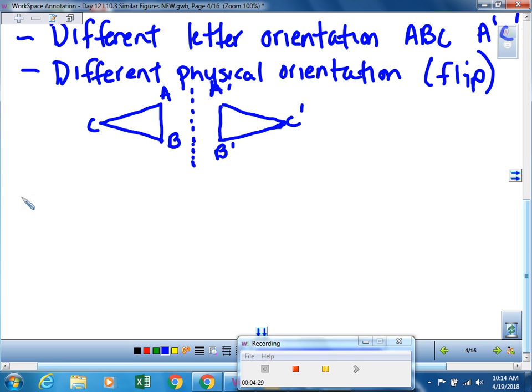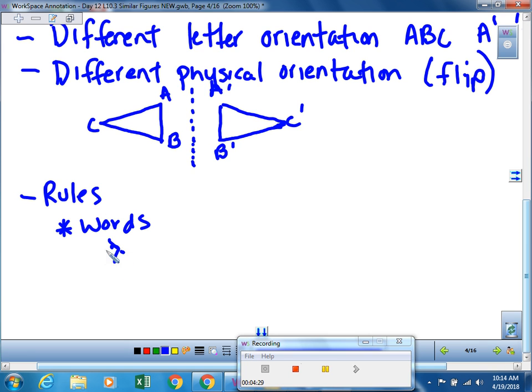In the rules, here we got the words. So what would that rule in words look like? Okay, reflection across the y-axis. You must say the word reflection.